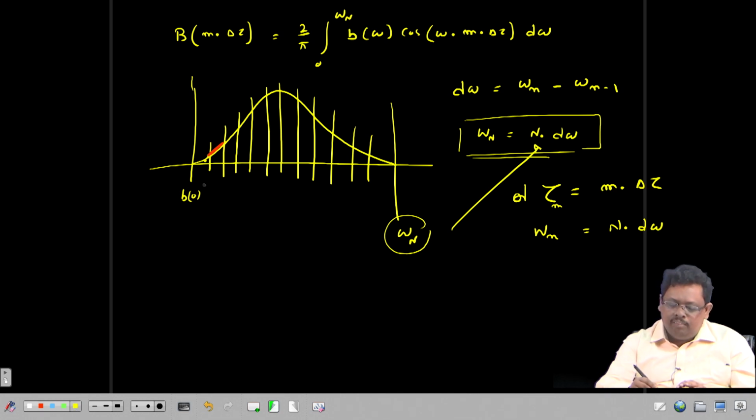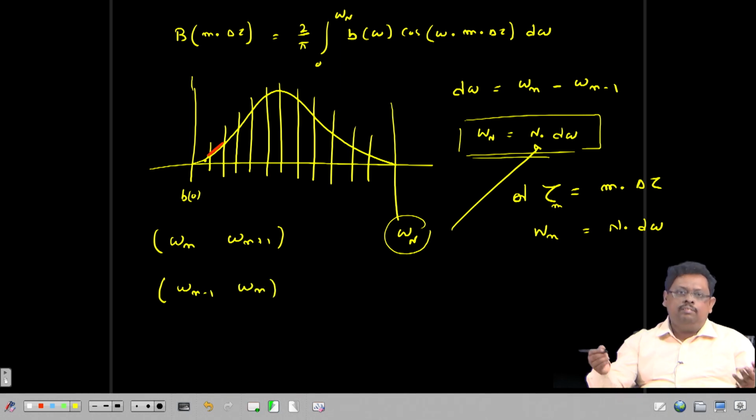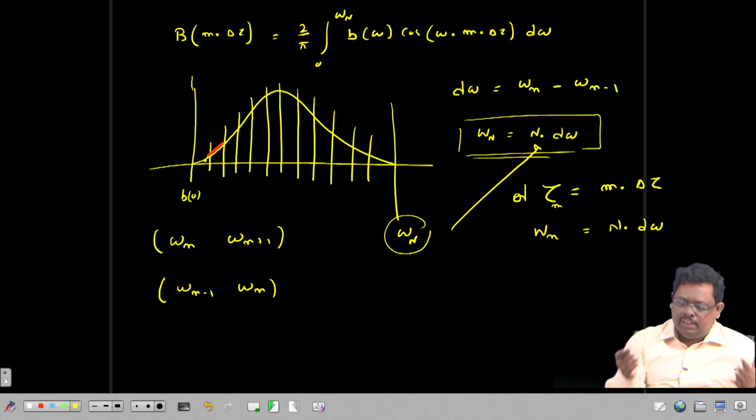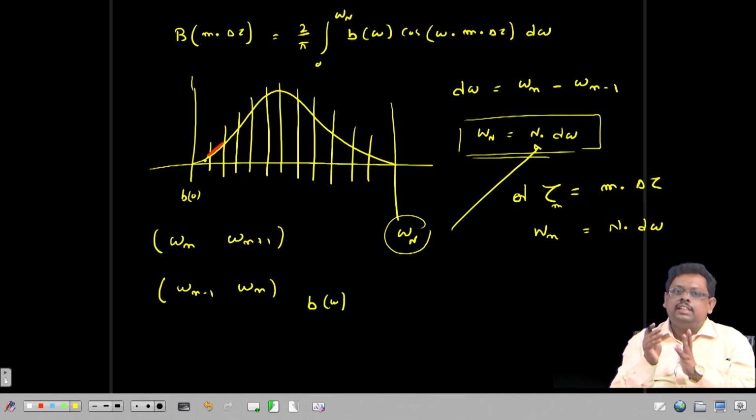So, in between let us take some interval omega n and omega n plus 1, anything. Or maybe you can take omega n minus 1 and omega n, it is the way you feel comfortable. Then you can assume within this interval that the variation of b omega is a straight line, right.